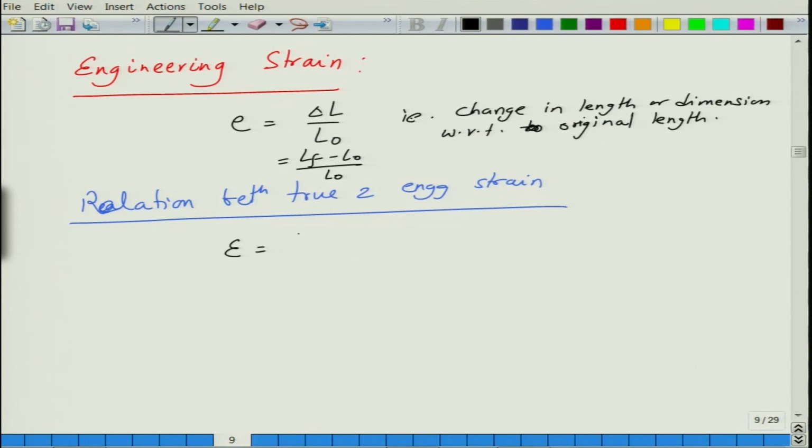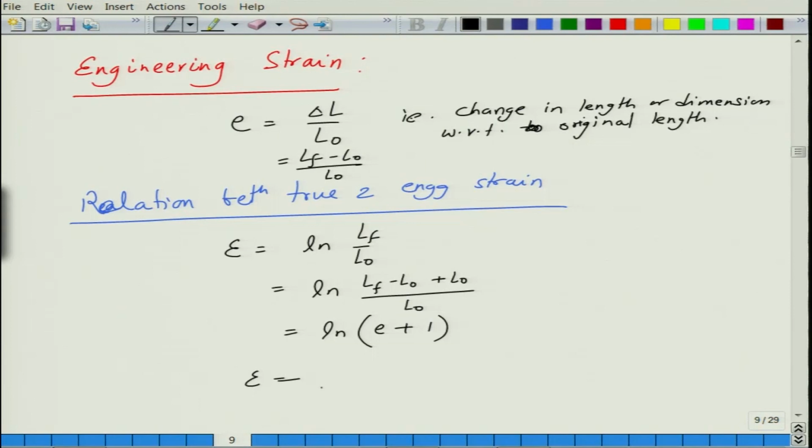So we write this epsilon as ln of LF divided by L naught. I can write this as LF minus L naught plus L naught divided by L naught, and this becomes E plus 1. So basically epsilon is equal to ln of 1 plus E.